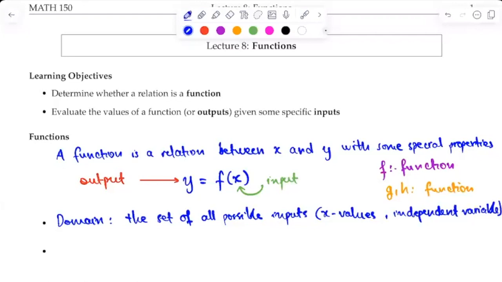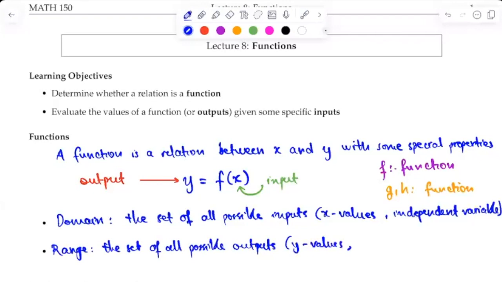Now for the output, there's a particular name for the set of all possible outputs called the range. The range is the set of all possible outputs. Right. So the y values, or the output, has another name: the dependent variables.